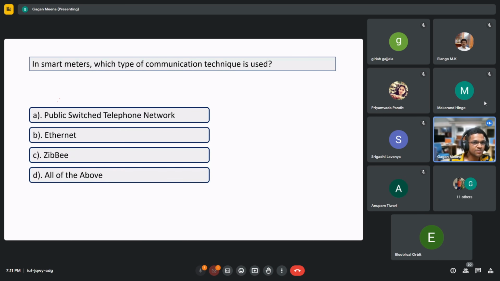So this historical server is a part of master station. Correct. So in smart meters, which type of communication technique is used? Zigbee.